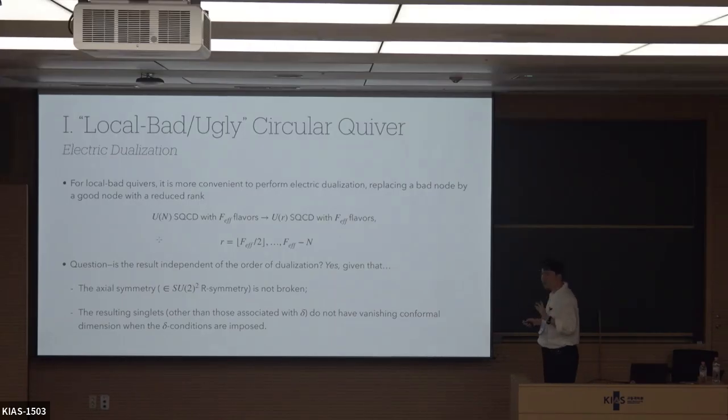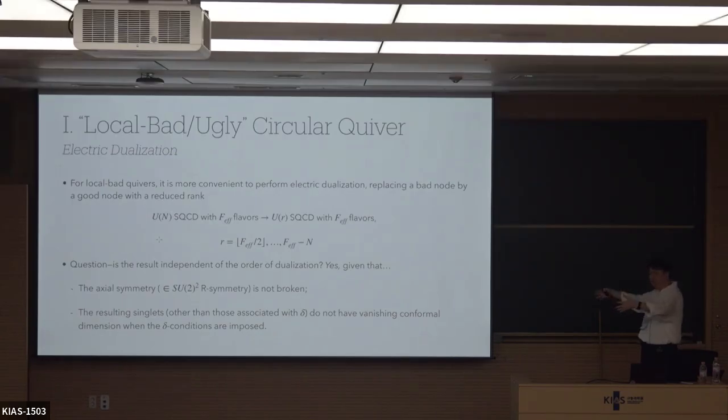So we can do either the magnetic dualization or the electric dualization, and in this case, electric dualization is much more convenient. So I directly apply this electric dualization, which just reduces the bad U(N) gauge group into a set of reduced theories with reduced ranks like this.